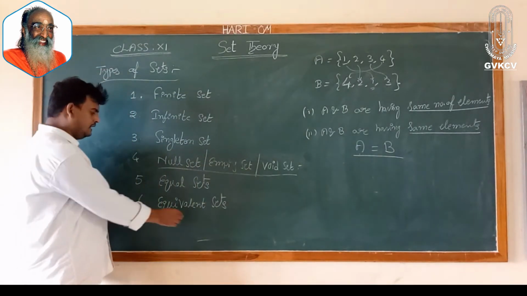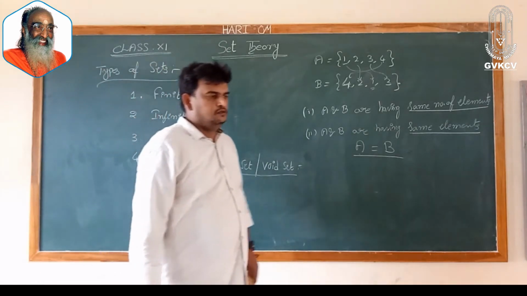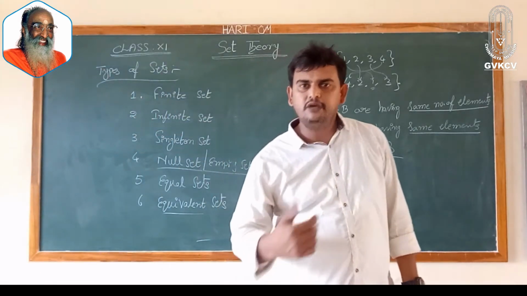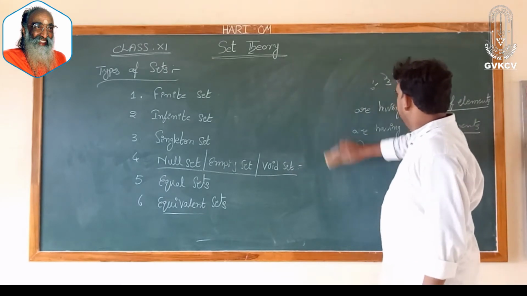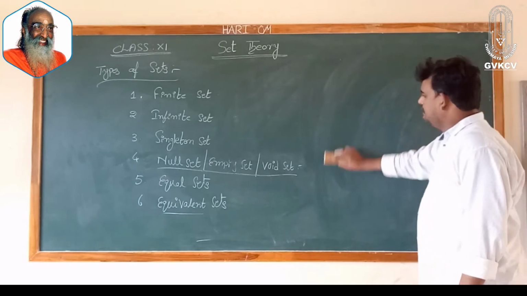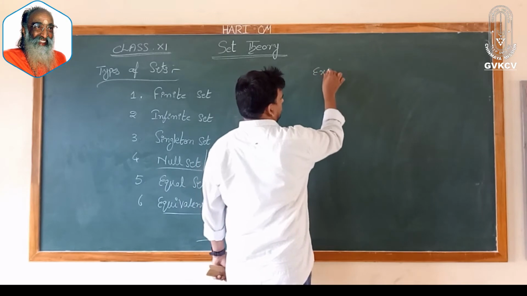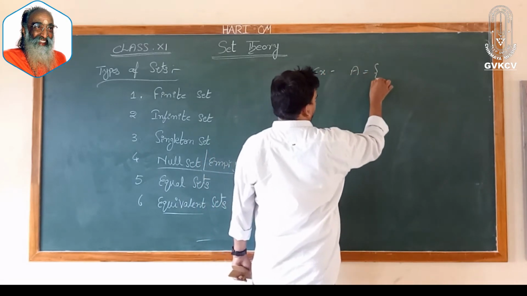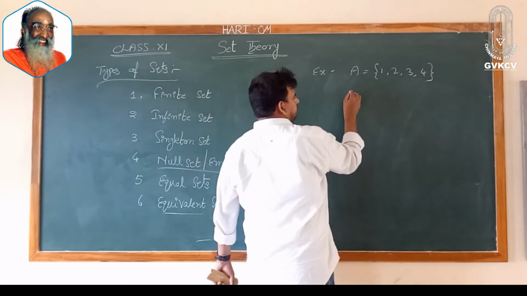Now what about equivalent sets? Equal and equivalent. Now how to discuss and how to identify whether the given sets are equal and equivalent. Now A is equal to {1, 2, 3, 4}.